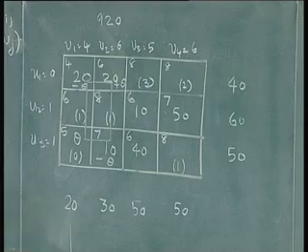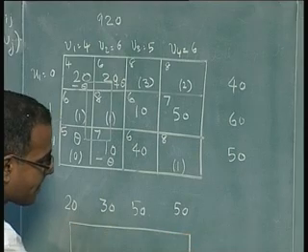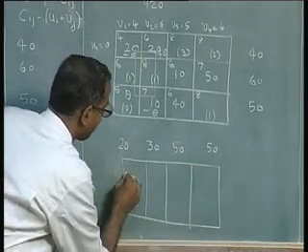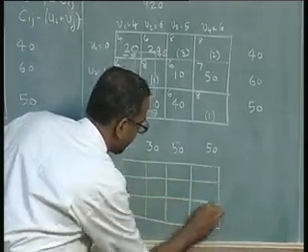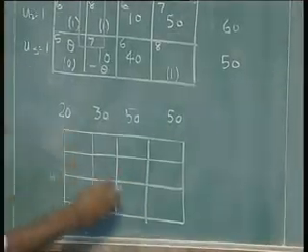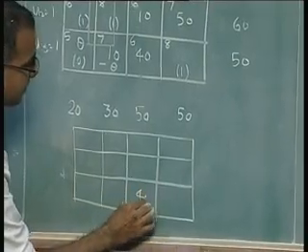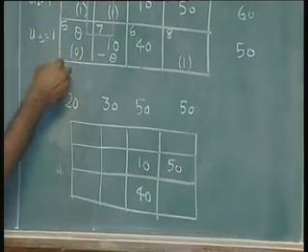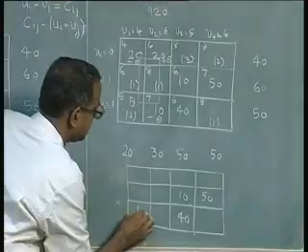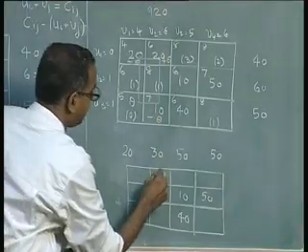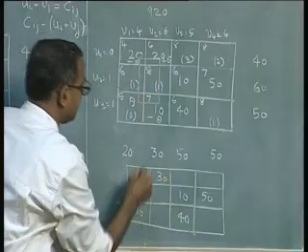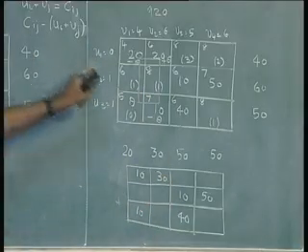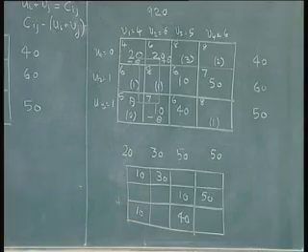So we will go back here and we can easily create, so now this 40 will remain as 40, there will be a 50 here, there will be a 10 here. Now this theta becomes 10, 10 minus theta is 0, 20 plus theta will become 30, 20 minus theta will become 10. So this is the other optimal solution, same solution that we saw using the stepping stone method.